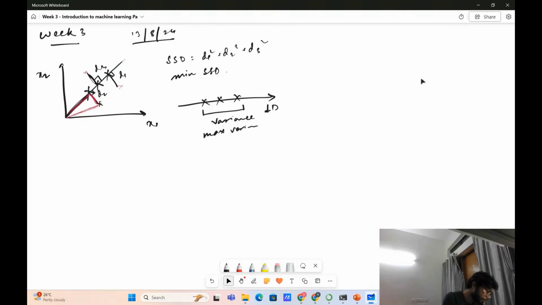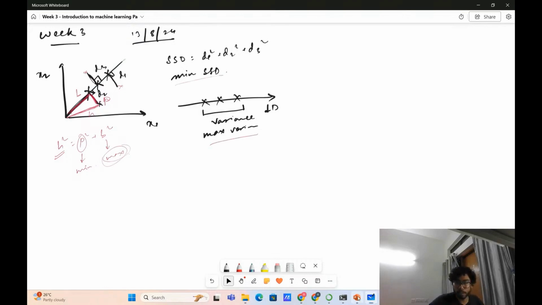So this is the hypotenuse, this is the height, perpendicular. Let's say this is the base. So hypotenuse square equals perpendicular square plus base square. So if you are minimizing the perpendicular, keeping the hypotenuse constant, this has to increase. This will be maximized. So these two are equivalent criteria, right? So basically, what you're doing is minimizing SSD and maximizing variance.